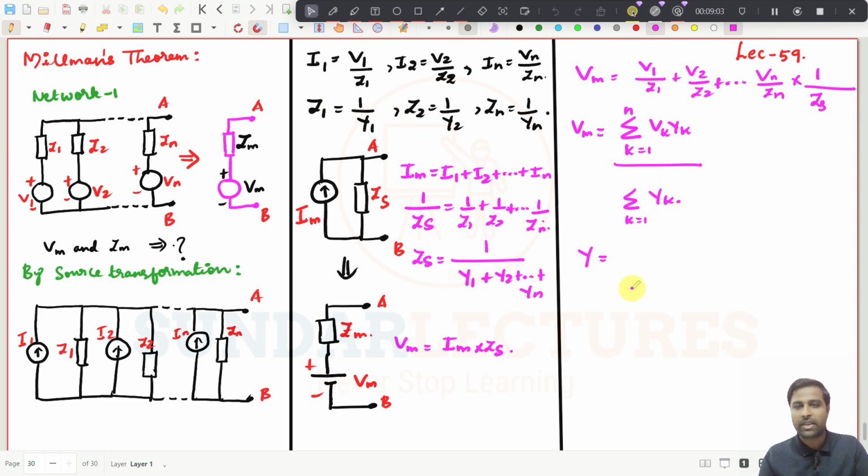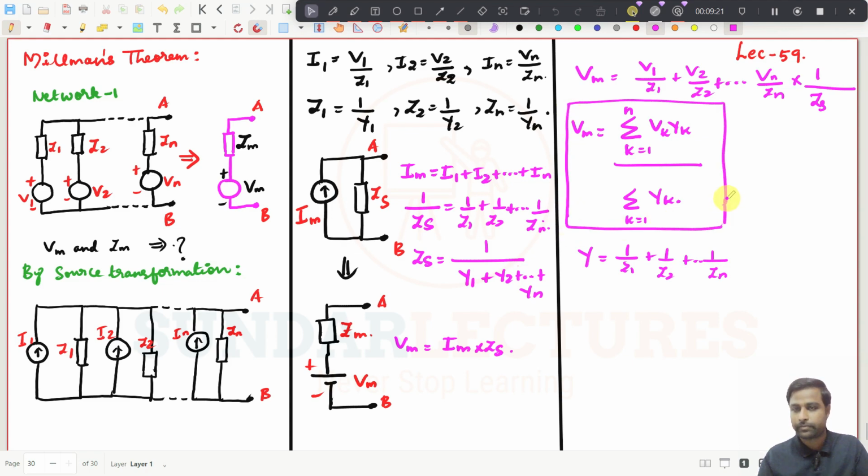It is 1 by Z1 plus 1 by Z2 plus 1 by Zn, going on. So Vm can be written like this. And what is this Zs now? Zm is nothing but Zs, so it will be 1 by the summation for k equal to 1 of Yk. That's all.